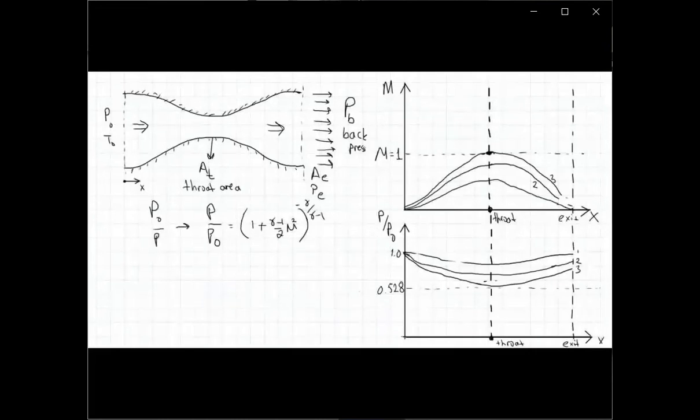Well, the Mach number at the inlet is not going to be 0, so maybe I should correct this as well to not mislead anyone. So let's redraw this little detail one more time.